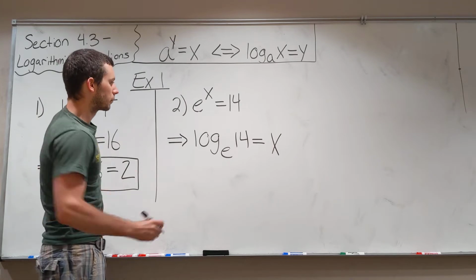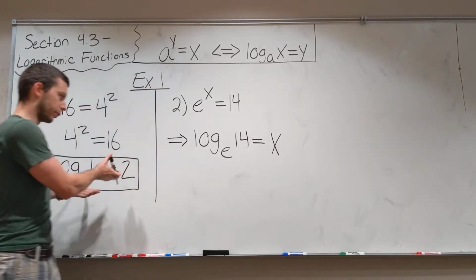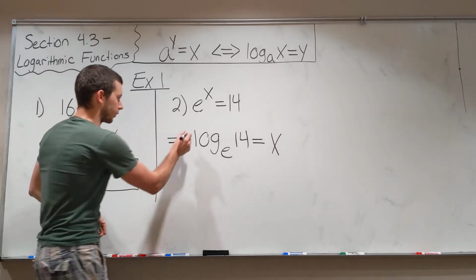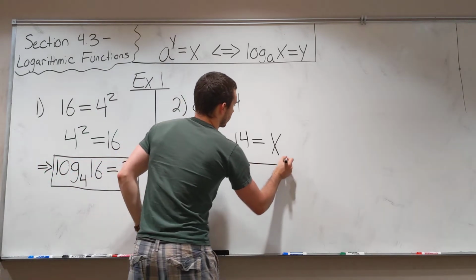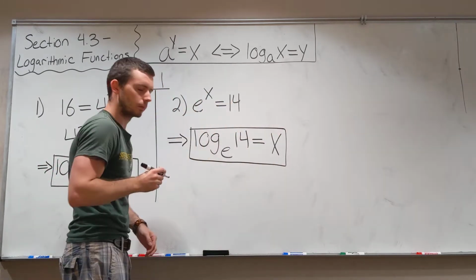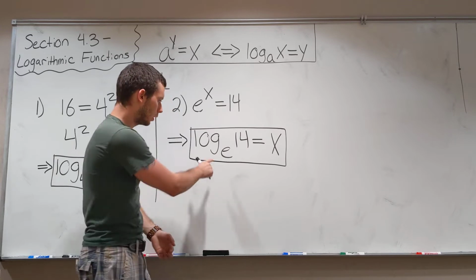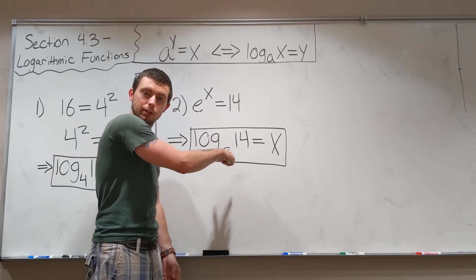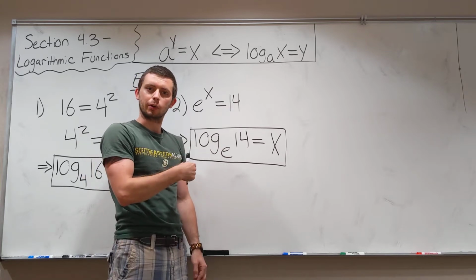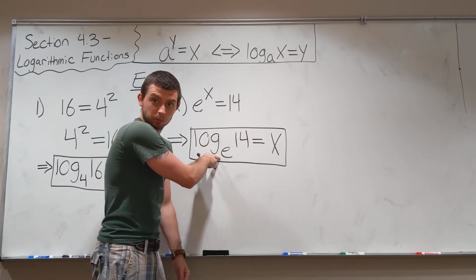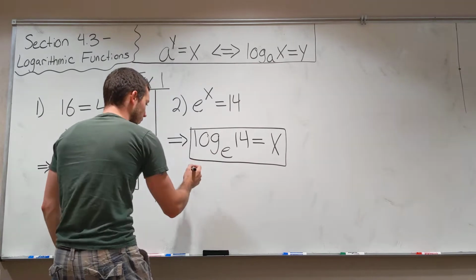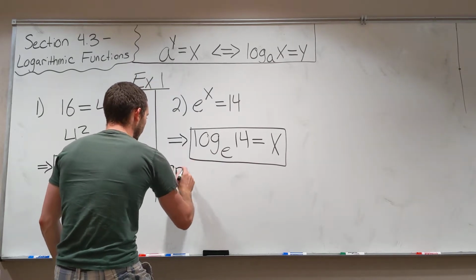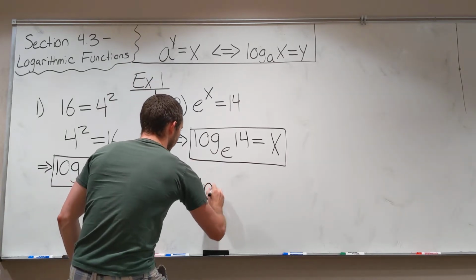And so notice, just like with this problem, this would be our answer. Additionally, you might notice log base e. Remember, that's how you would read this, log base e. We just mentioned a moment ago that there's a special symbol for this. That symbol is ln.